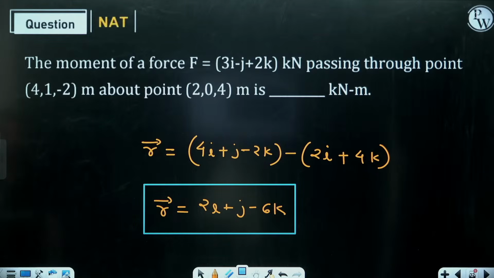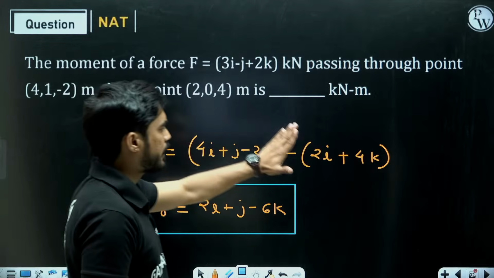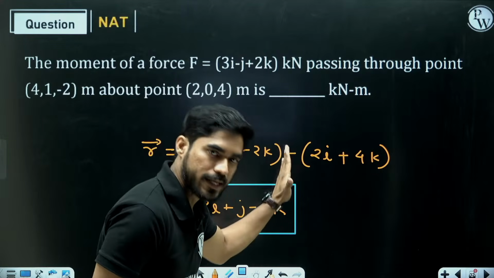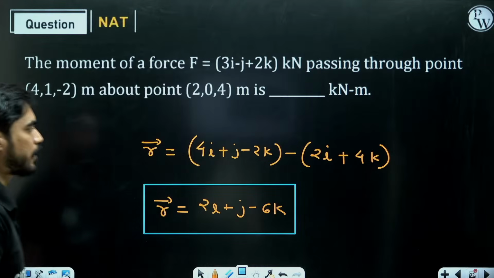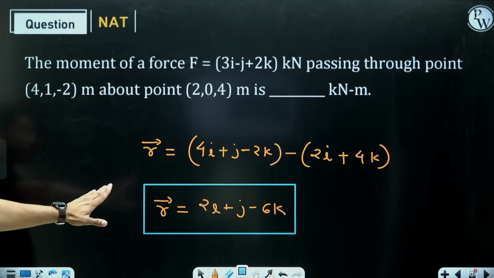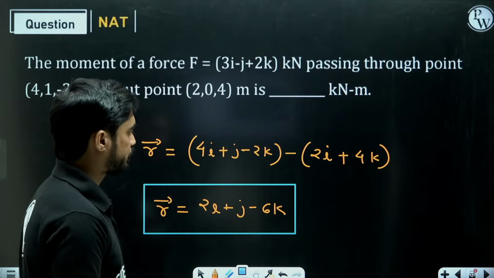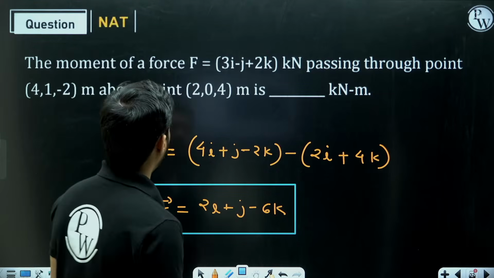Okay. So passing through this point minus calculating the moment at this point. Okay, so we have got the position vector. Now we need to find the moment vector.